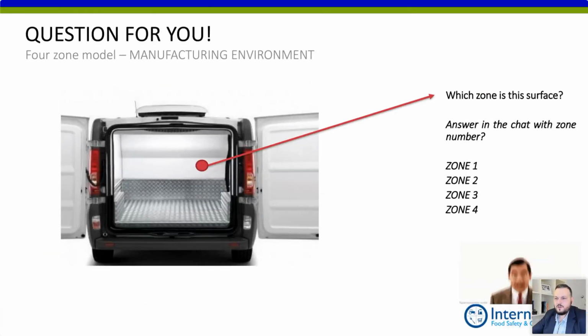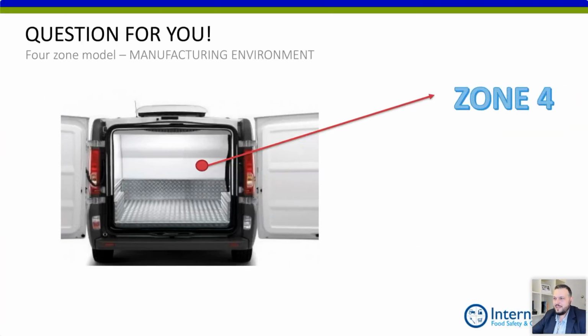Yes. So, and this zone, I think that you already recognize this is a transporting vehicle. So it is outside of our facility, and we could say that this is now zone 4.